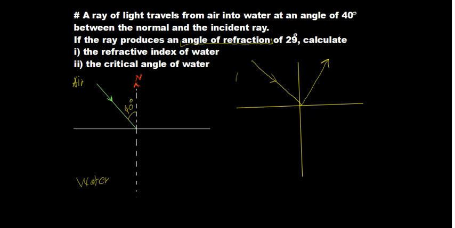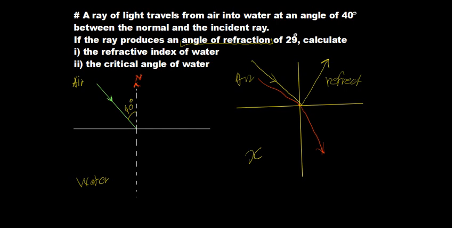If this was air, and this is a certain medium, let me just say medium X, and this ray of light bounces back, this phenomenon is described as reflection. But if this ray of light comes in at a certain angle, goes into the medium X, that is refraction. Reflection is like light bouncing back. Refraction is a bending of light.